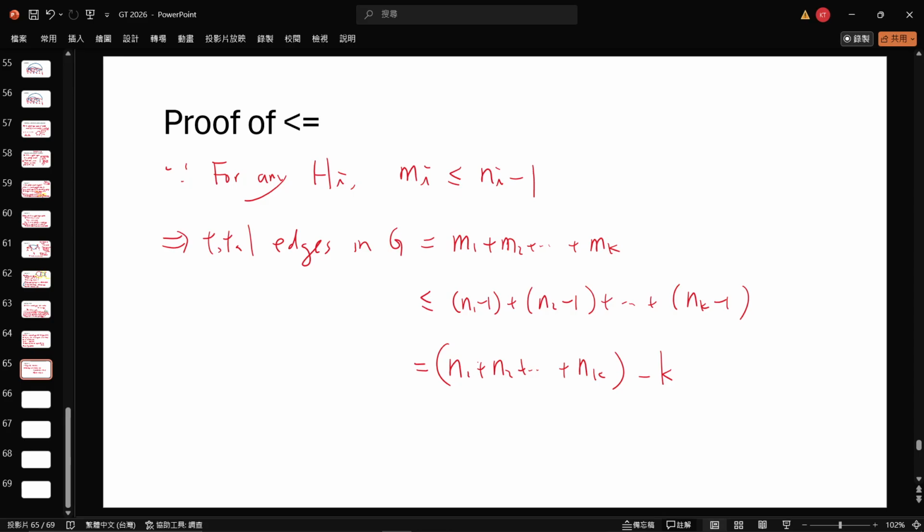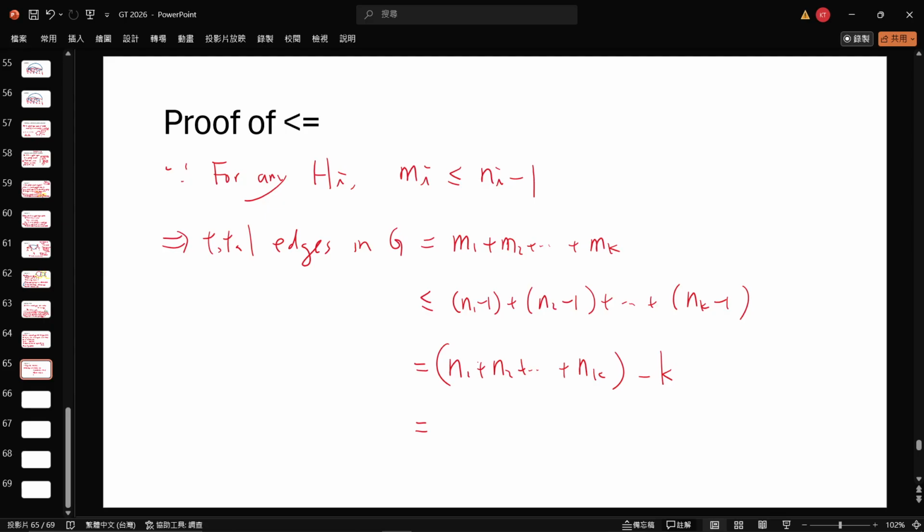And because there are k components here, so we have k times minus 1. So in total we have minus k. Okay? Now, can you see how to get the contradiction? First of all, what is this sum, n1 plus n2 plus up to nk?